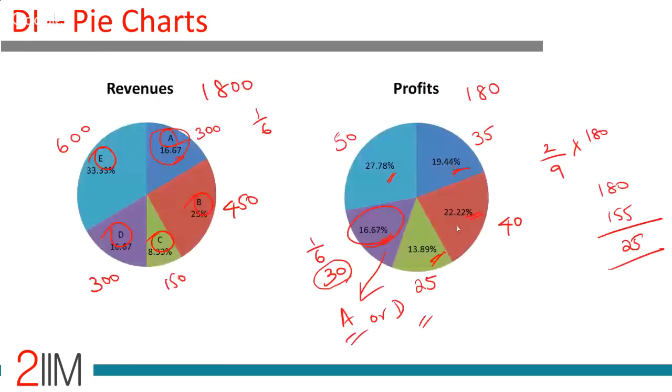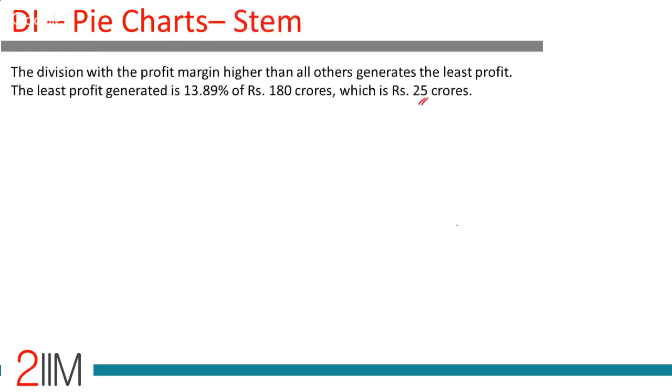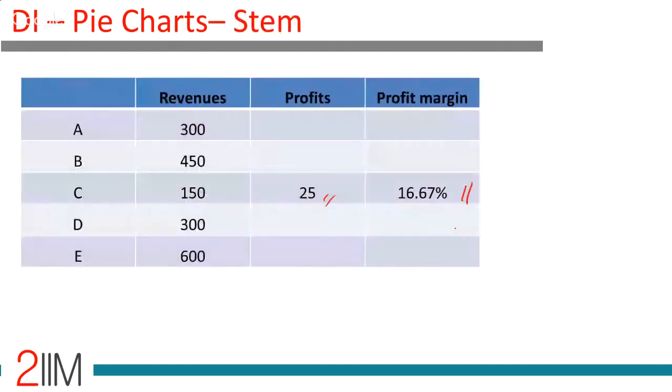I'm going to go back to whatever we have done so far. We've inferred that C should be 25. We know that either A or D is 30 with a profit margin of 10%. We know that D should have generated more profits than E. The profit numbers are 25, 30, 35, 40, and 50. But if C were 25, D cannot have got 30 because E would have definitely got more than 30.